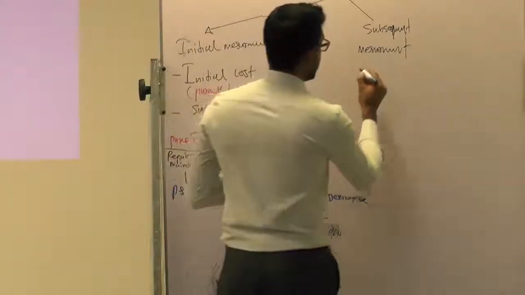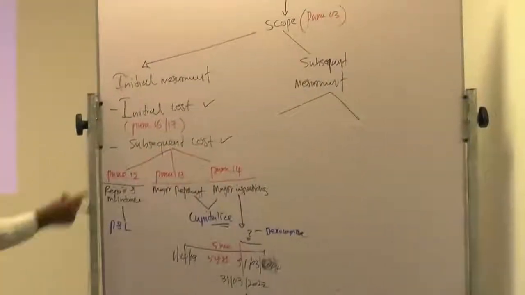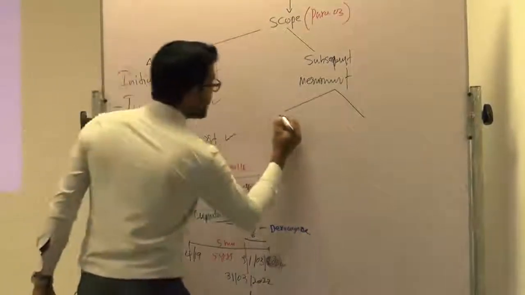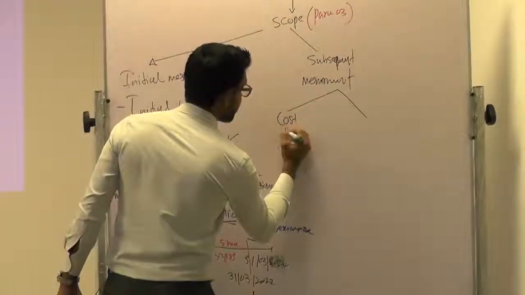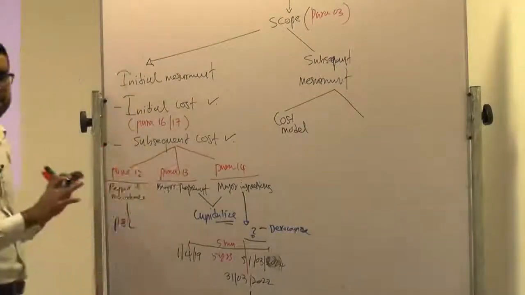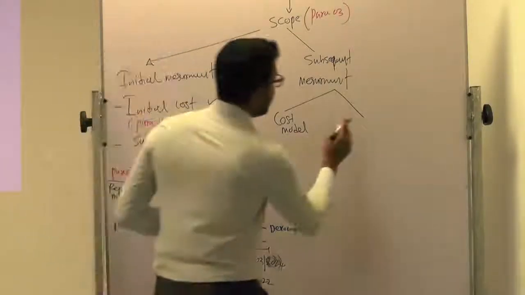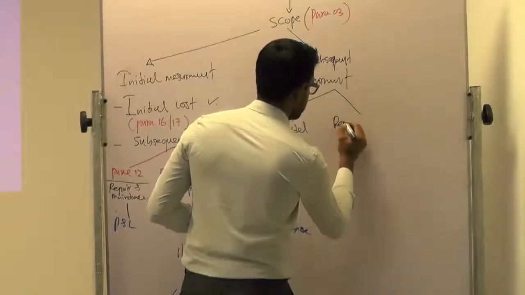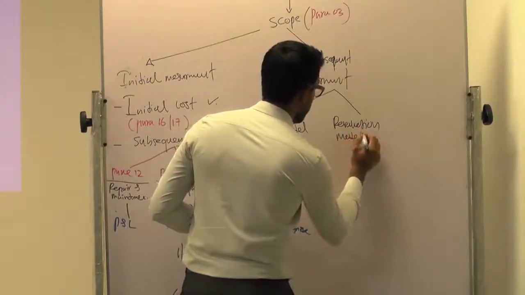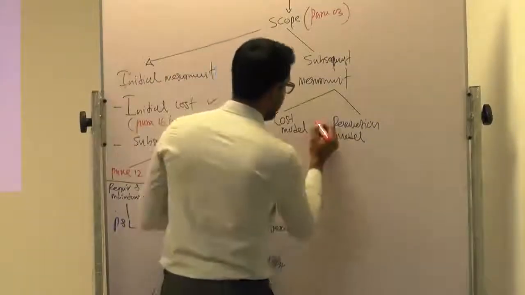When you measure property, plant and equipment subsequent to initial recognition, this is what you should know: either the cost model or the revaluation model. Very important word: option.